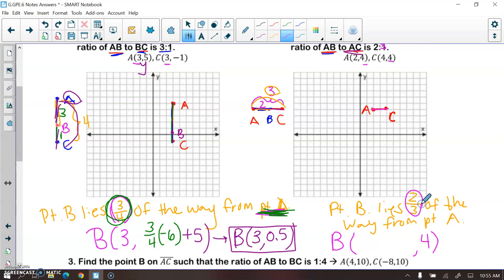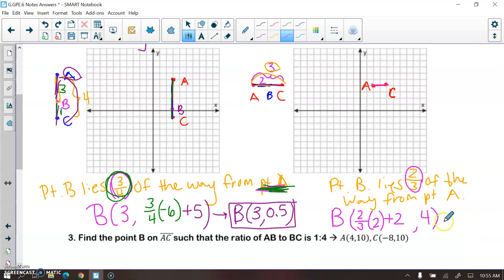So I'm going to take my ratio of 2/3, multiply it by that distance, that slope of 2, and then add it to the x value of point A. So point B winds up being at, and this isn't going to work out very nicely for us, a 4/3 plus a 2 is a 3 1/3. And then my y value is 4.